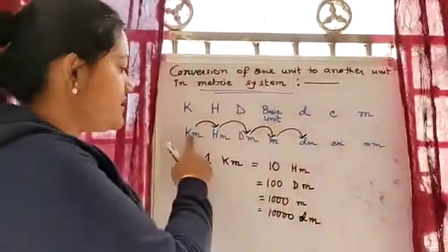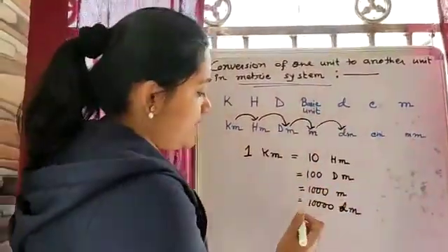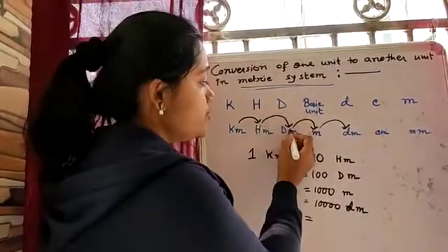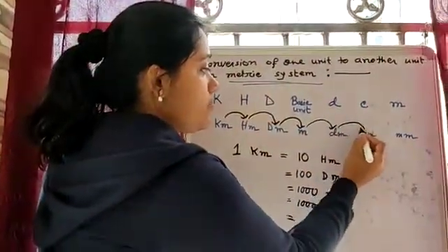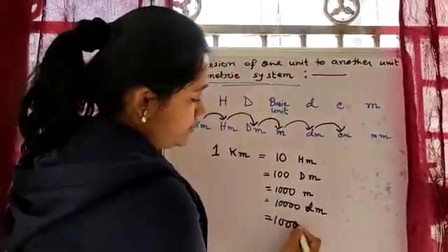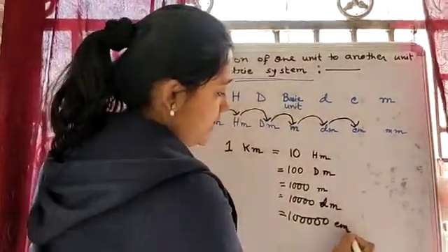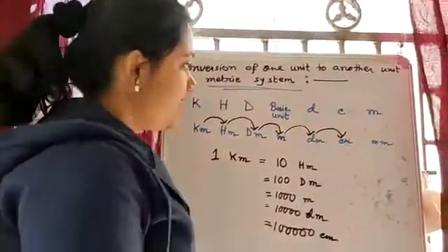Now see, if I am asking you, 1 kilometer equals how much centimeter? Now check it. 1, 2, 3, 4, 5 steps I have jumped. So after 1, 2, 3, 4, 5 steps, I have written centimeter.